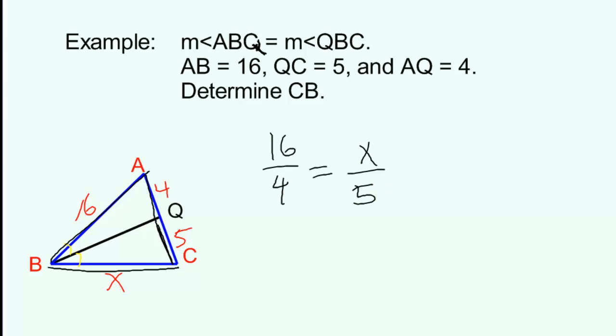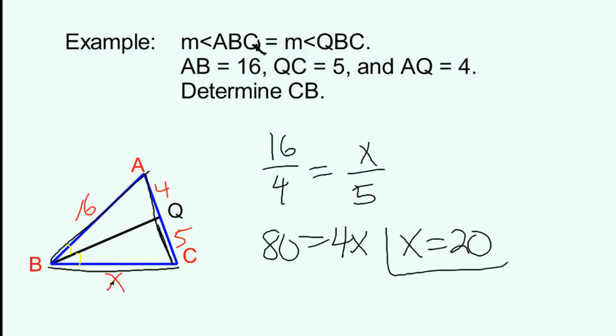As a result, we get a pretty nice proportion, which when you cross multiply, comes out to a nice round answer of 20 for x. X represents the side of length BC. That's what we're looking for, so we've answered the problem. We'll be answering many other problems like this in the very near future.